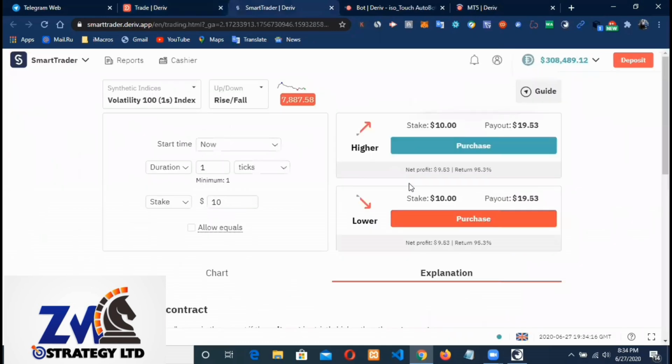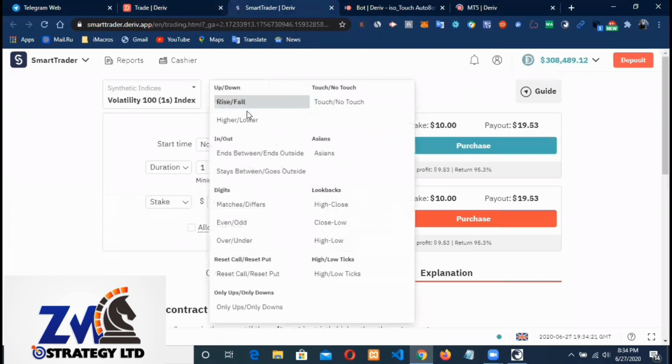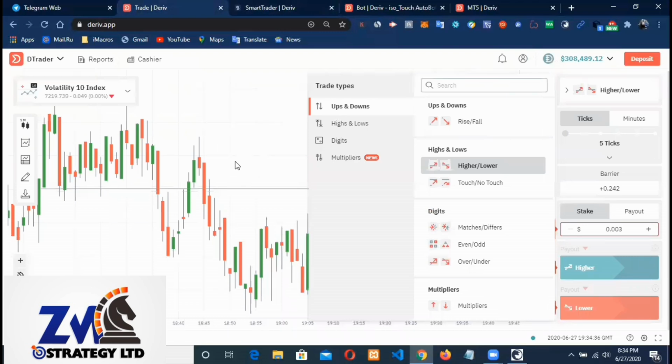Like on the smart trader, let's go to here. Maybe we want to trade some. You can see here we have end between, end outside, stay between, close outside. We have reset call and reset put. We have high and low tick. We have only up, only down. You can see there are most things that are on the smart trader which are not here. There are many that are expected which are not here.